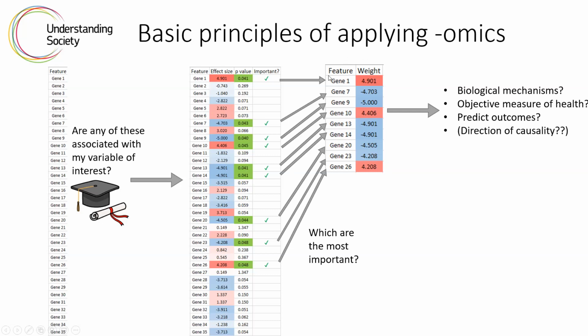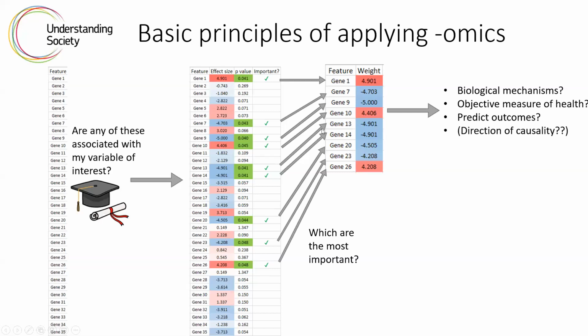And then you can use this subset of genes or proteins to investigate what are the biological mechanisms that we know about this subset already from previous research, which might be underlying the thing you're researching, so education.